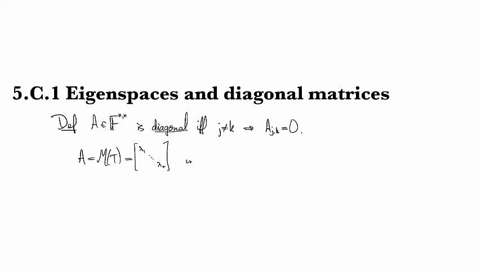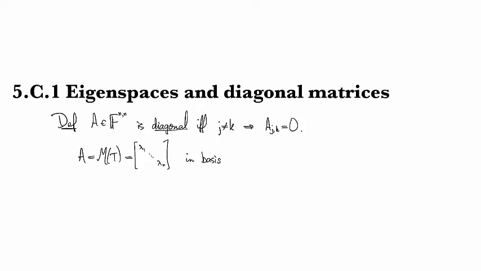So if this is the matrix of this operator in the basis v1 through vn, then each vk is an eigenvector. And I should say actually that it's a lambda k eigenvector. It's an eigenvector corresponding to lambda k.